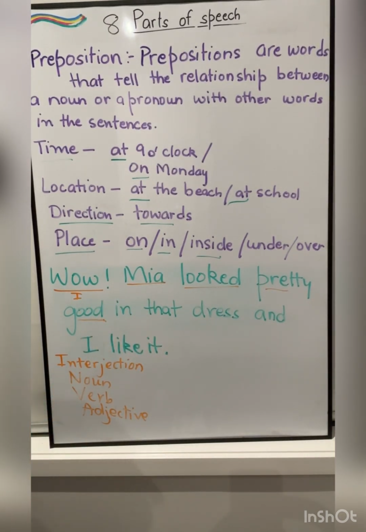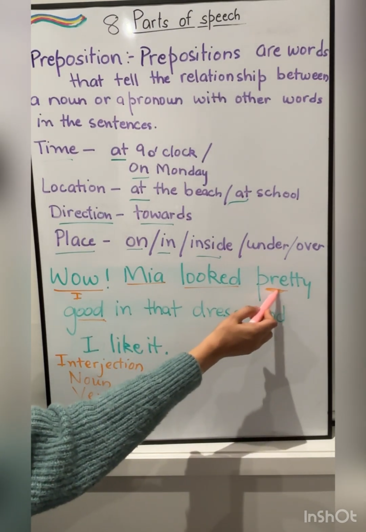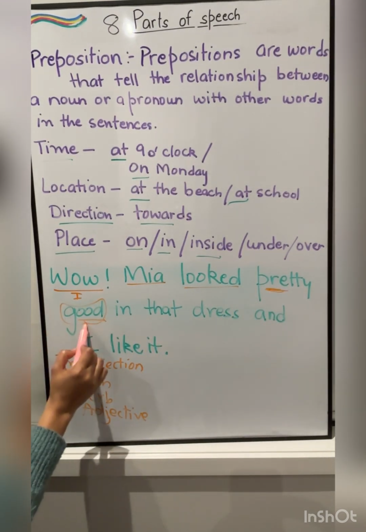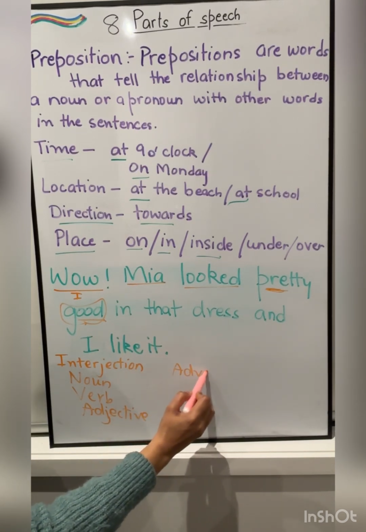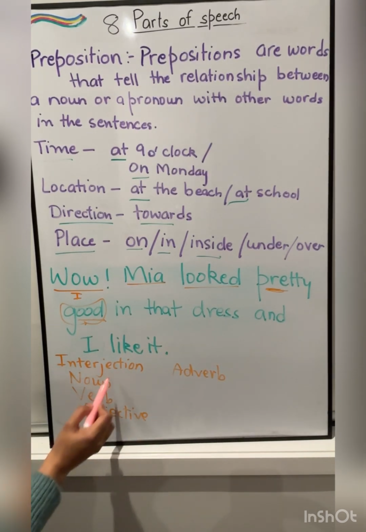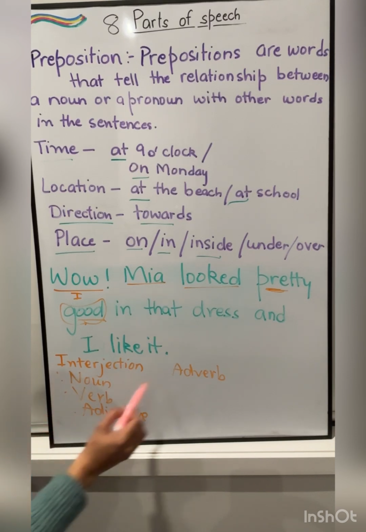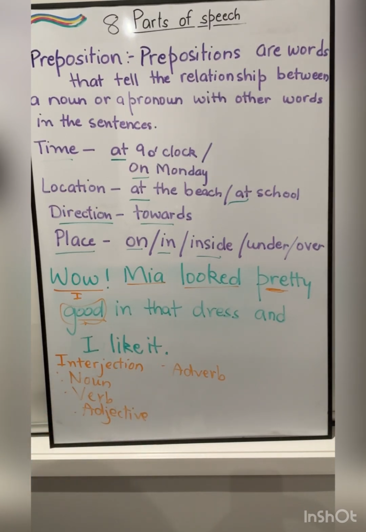Is she looking very good? Pretty good? Exceptional? She's looking pretty good. Here, this word pretty is describing the adjective. That means it's an adverb. 1, 2, 3, 4, 5. We've used 5 already. Now we need 3 more.